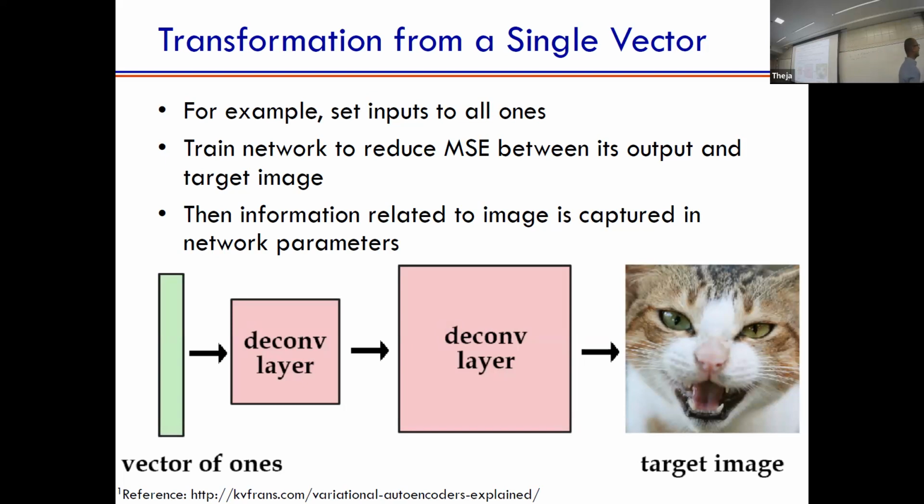All I'm trying to say is that there's a way to go from a specific vector to a target, and so this is just the process of encoding. And obviously, where is the information captured? It's probably not in the vector. There has to be some information captured in the parameters of these decon layers. So information about this cat, like literally just remembering the pixels of the cat if you want.